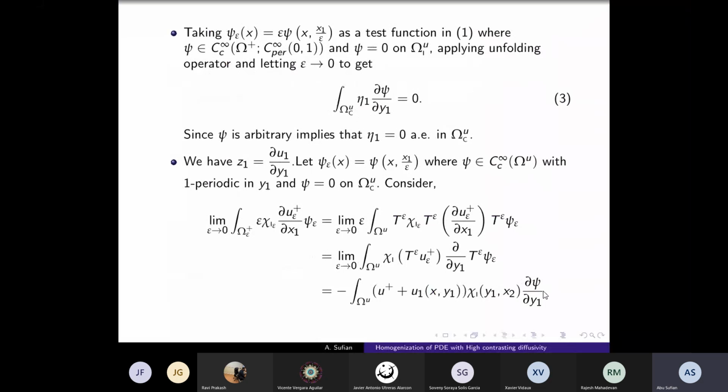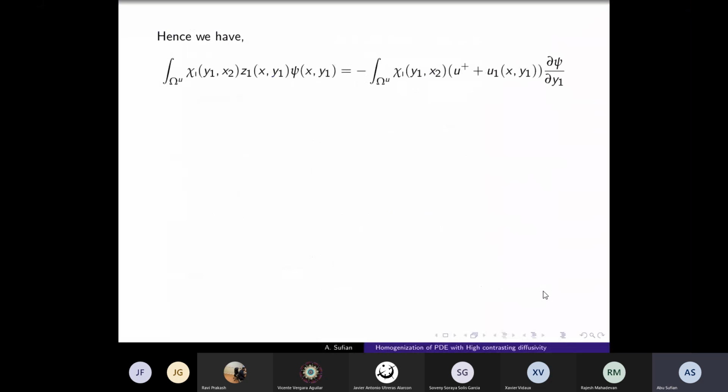So now we can pass to the limit in the right hand side, and if we apply the unfolding operator on the left hand side, and we have already assumed that T epsilon del u epsilon del x1 converges to z1, then passing to the limit on both sides, we're going to have this equality.